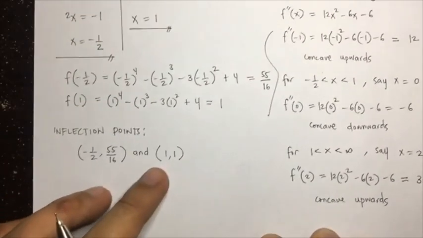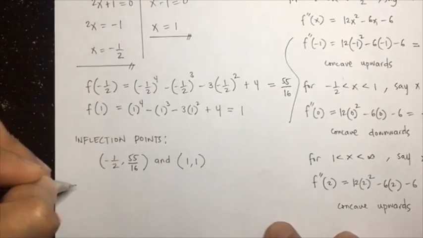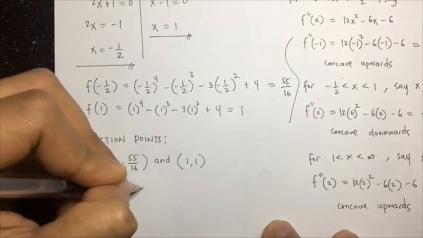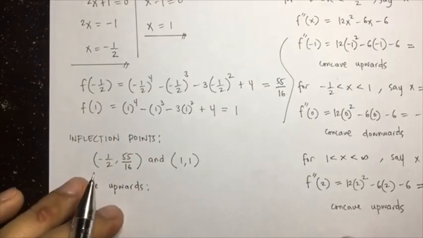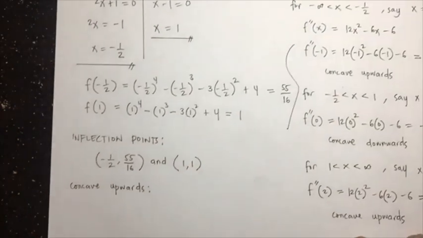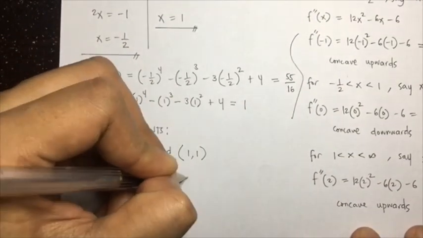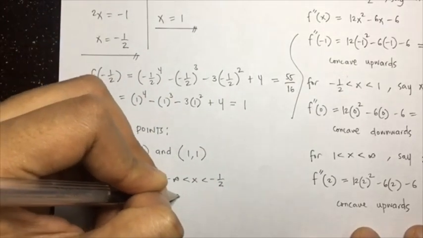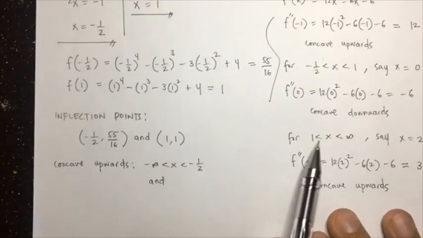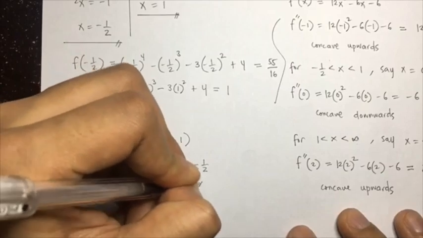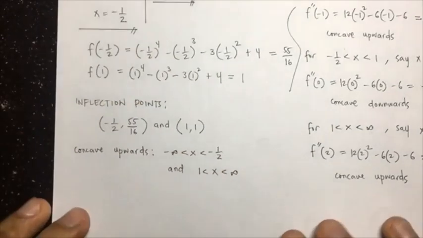So therefore, if we summarize the answer, together with the inflection points, it's concave upwards at negative infinity is less than x is less than negative 1/2. Okay, and from 1 to positive infinity. So 1 is less than x is less than positive infinity.